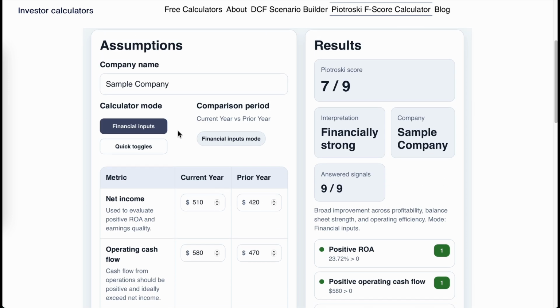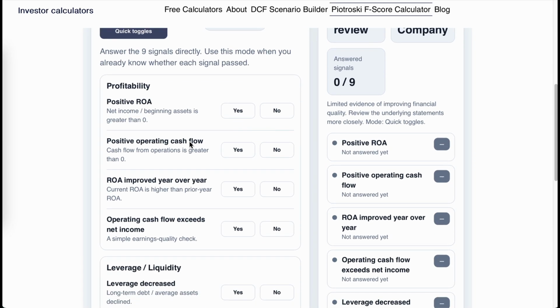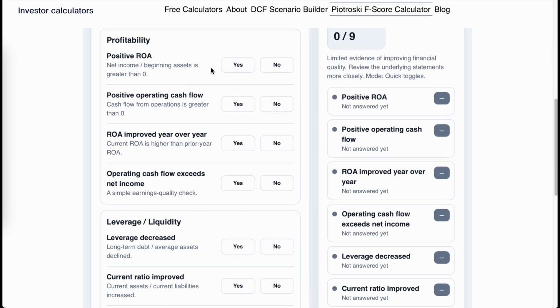Another way of how you can use this Piotroski score is through quick toggles. You can simply answer those questions. If the company has a positive ROA, ROA is return on assets.